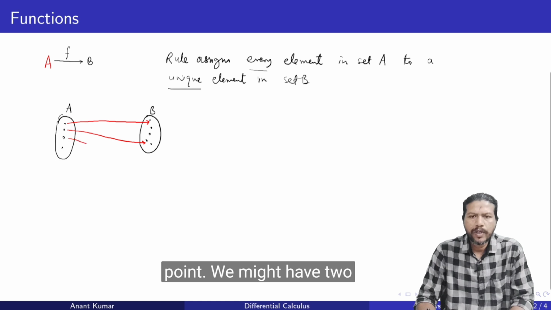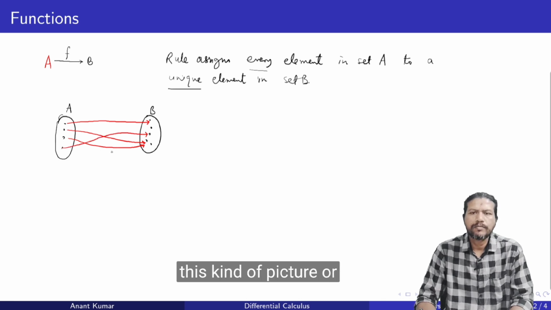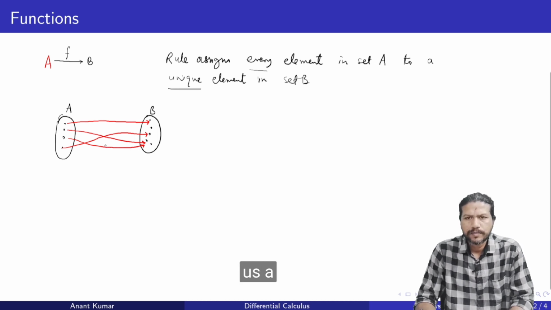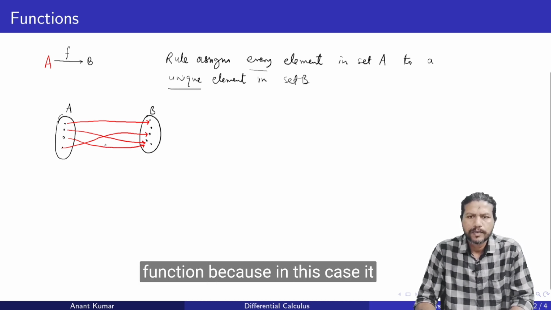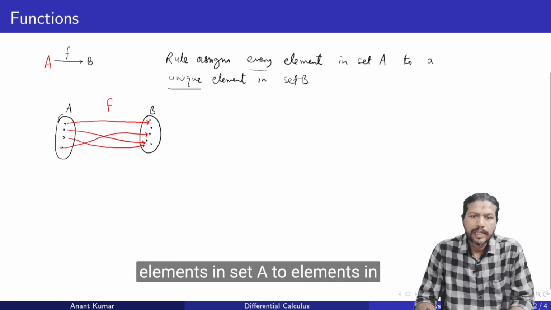We might have two elements of A associated with the same element in B, like this. This kind of pictorial diagram gives us a function, because it tells us exactly what rule this function follows in assigning the elements in set A to elements in B. Fine.